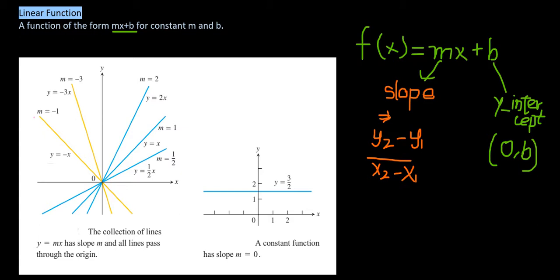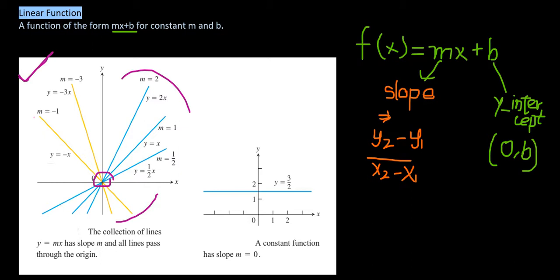Suppose we have different graphs of straight lines over here, and you can see that these all are straight lines and they cross the origin from here. They may include the positive side and negative side of the x-axis, and the negative side and positive side of the y-axis as well.